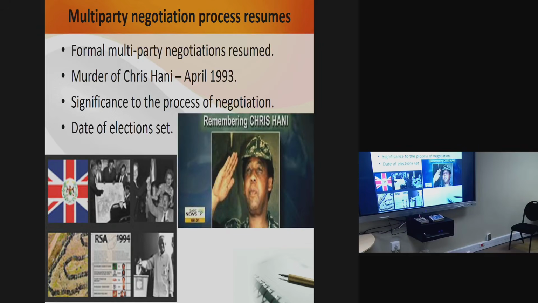In April, Chris Hani, the Chief of Staff of the South African Communist Party, was murdered by Clive Derby-Lewis and Janusz Walus in April 1993. This is a very significant incident because it nearly brought the country to a civil war. It is for the first time that de Klerk felt that he was losing power.